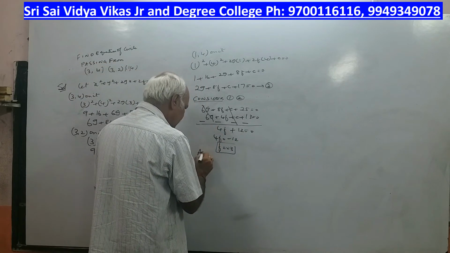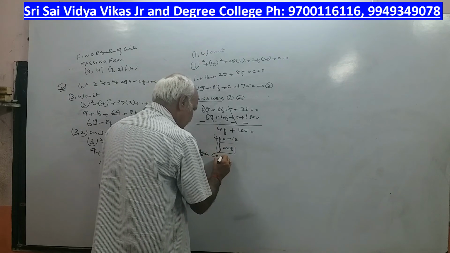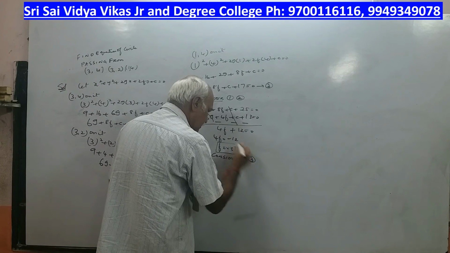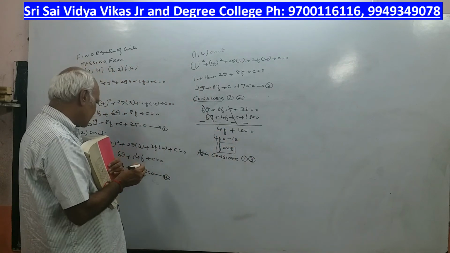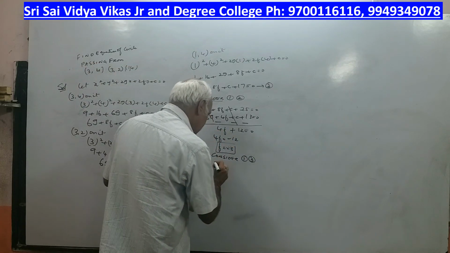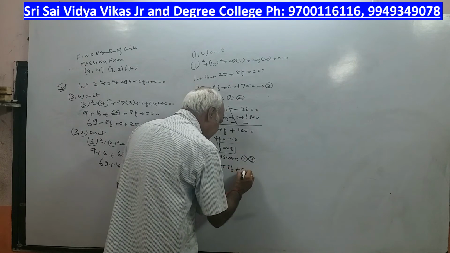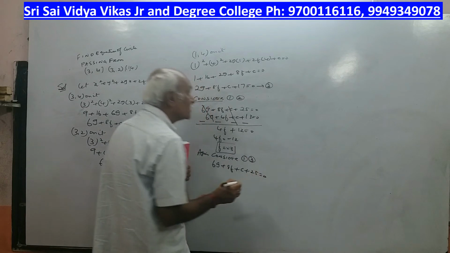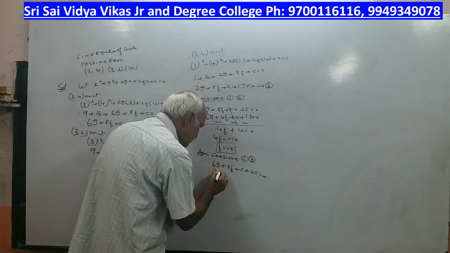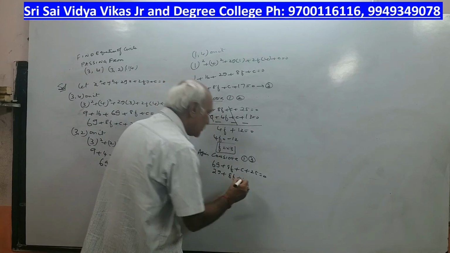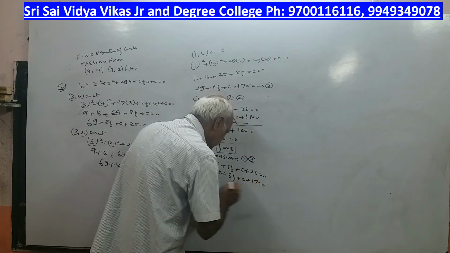Okay, I have considered first and second. Again, consider 1 and 3, the first and third equation. What is the first equation? 6g plus 8f plus c plus 25 is equal to 0. Third: 2g plus 8f plus c plus 17 is equal to 0.